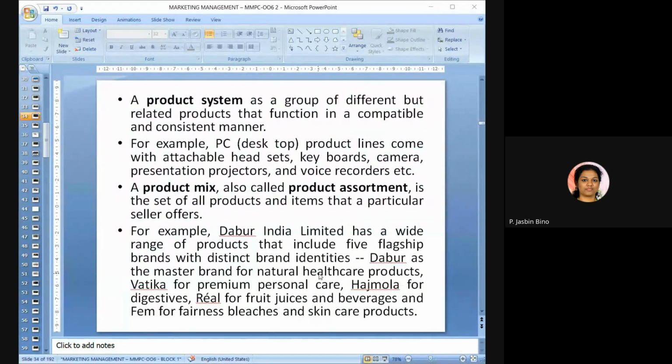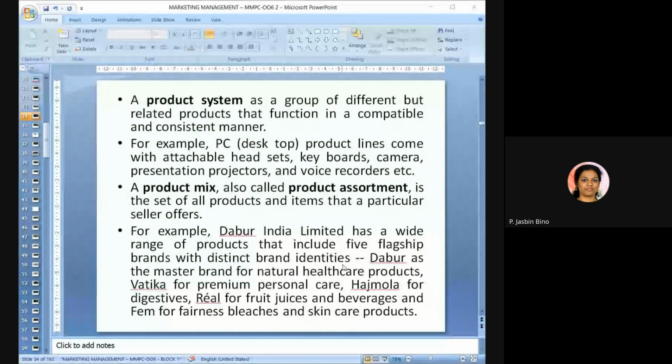Next one, product mix, which is also known as product assortment. It is the set of all products and items that a particular company normally offers. For example, Dabur India Limited offers a wide range of products. Dabur is a master brand for natural healthcare products, Vatika for premium personal care, Hajmola for digestives, Real for fruit juices and beverages, Fem for fairness bleaches and skin care products.